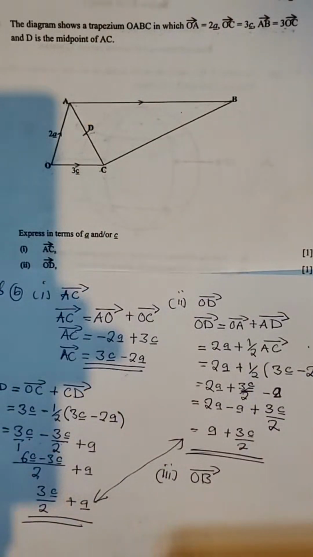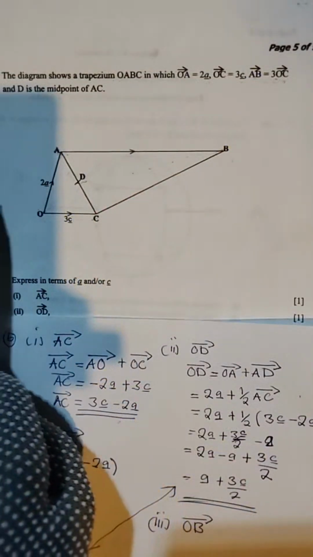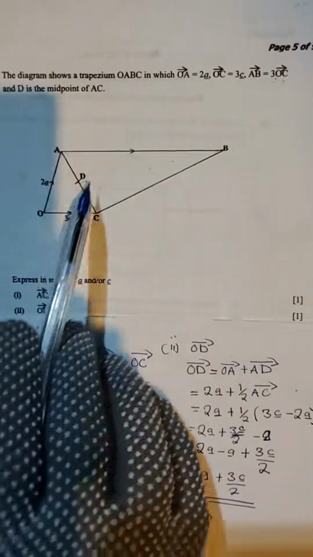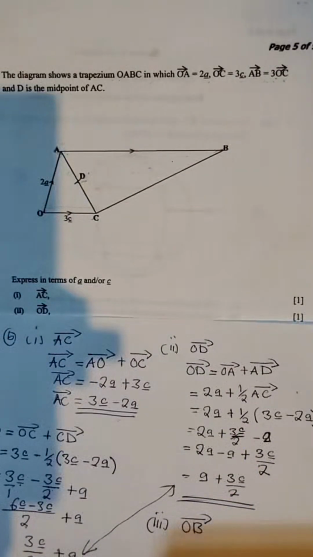Why? Because check, in the condition here, we are told that AB, this side, from A to B, is 3 times OC. So if this side is 3 times this 3, it means that here it is 9C.